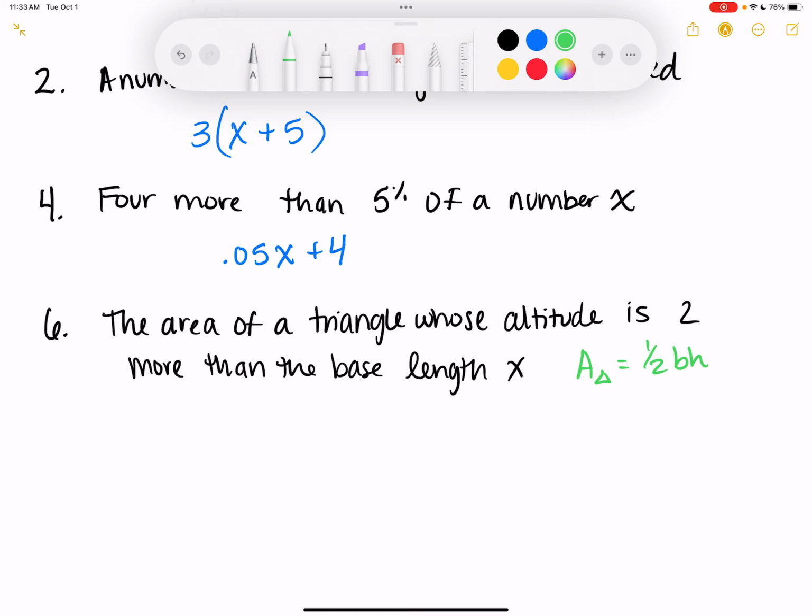So the area of a triangle whose altitude is 2 more than the base length x. I need to rewrite this in terms of x and 2 more than x. So how would I write this one? 1/2 times x times x plus 2. Yep, and you just leave it like that.